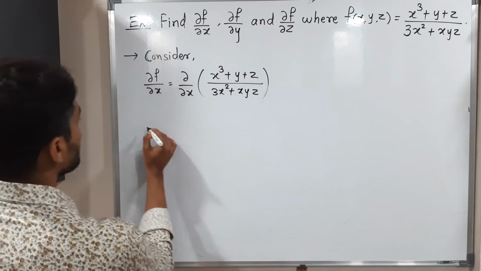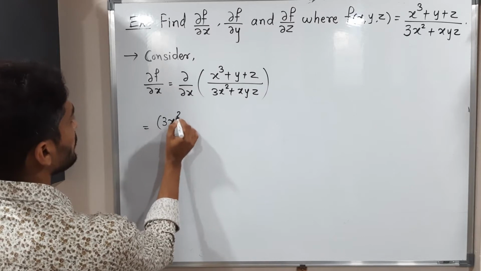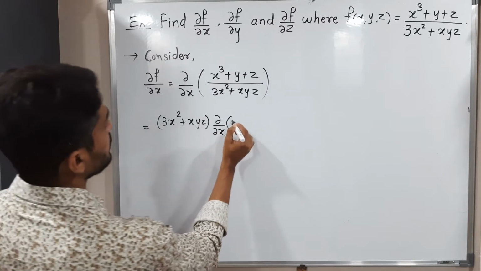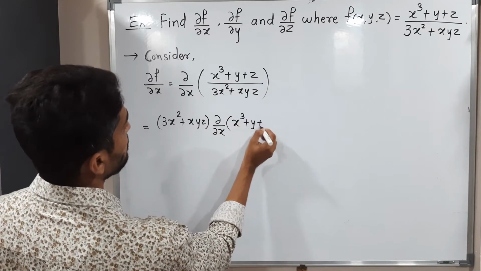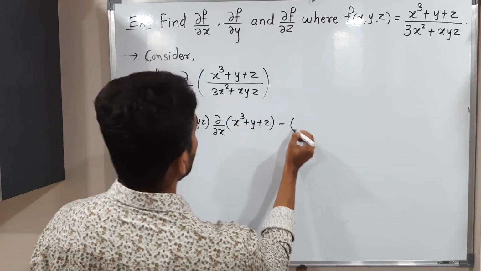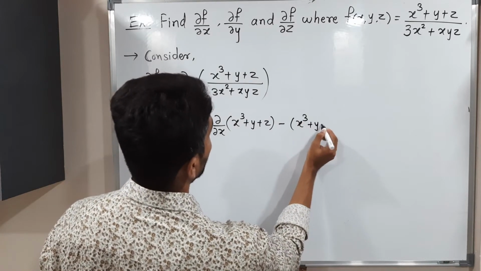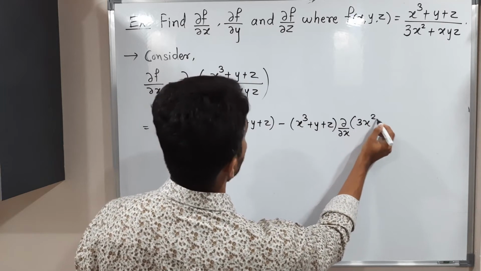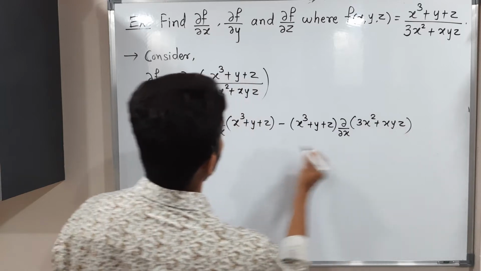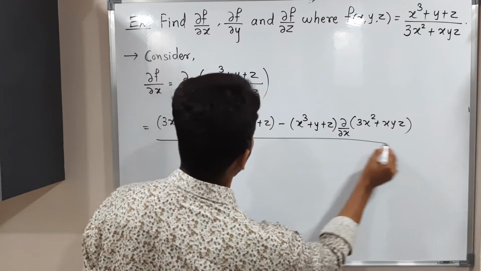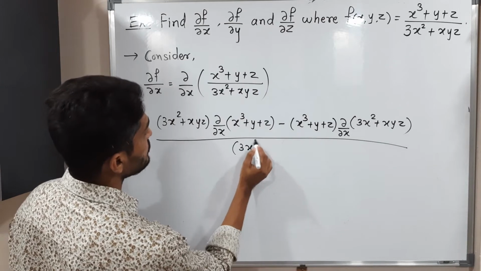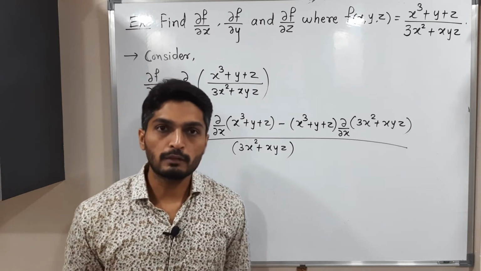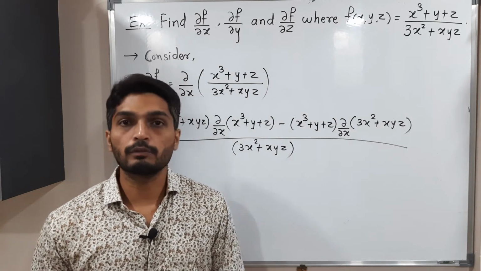The formula is: denominator (3x² + xyz) into derivative of numerator (x³ + y + z), minus numerator into derivative of denominator (3x² + xyz), divided by square of denominator (3x² + xyz). Here I have used the u upon v formula which you already studied in 12th standard.